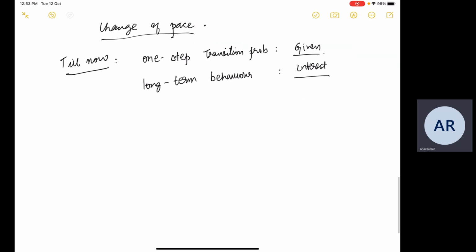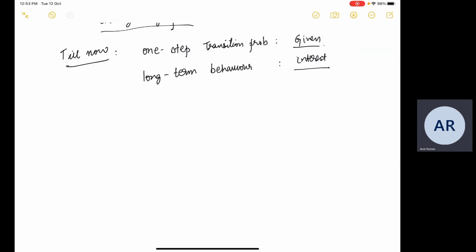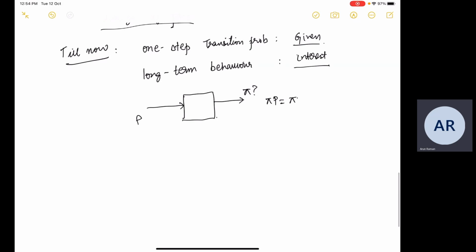When we find the stationary distributions, we have a code that takes the transition probability matrix P inside, and we are interested in questions related to pi such that pi P is equal to pi: does pi exist, how fast does it converge. All those things we were analyzing.